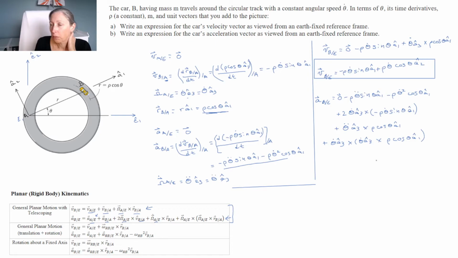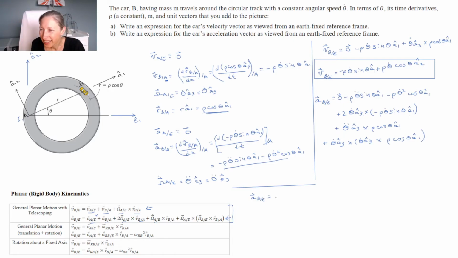I'm just going to go through now and take the cross products. So hopefully you know A3 cross A1, it's going to be A2, but there's a negative sign in there. All right, so let me come down here and let's just start with the A1.